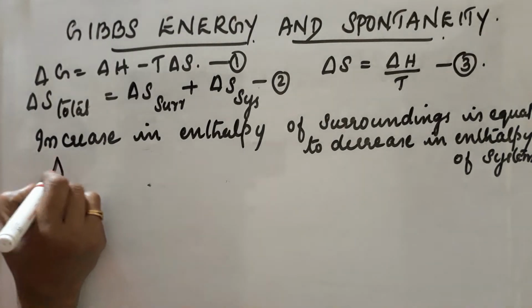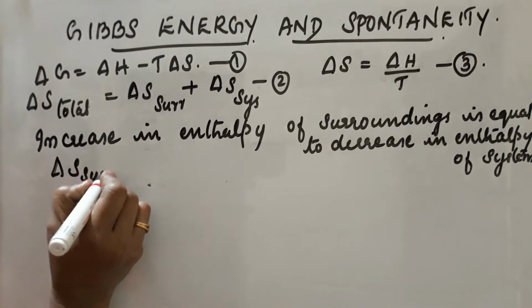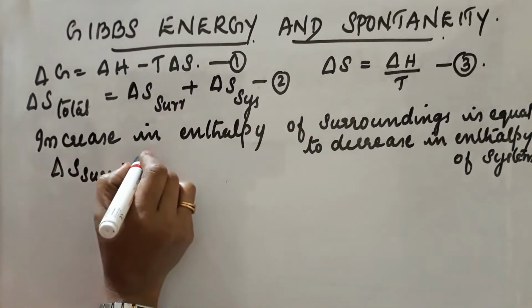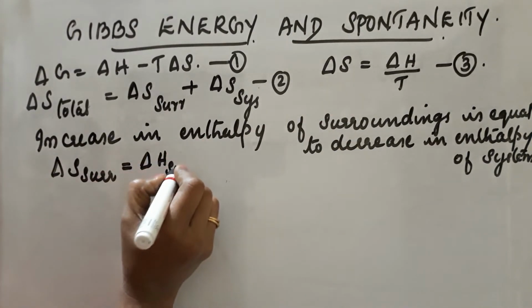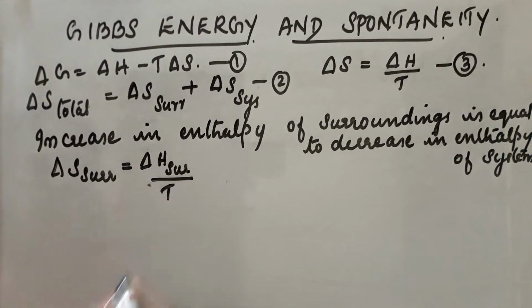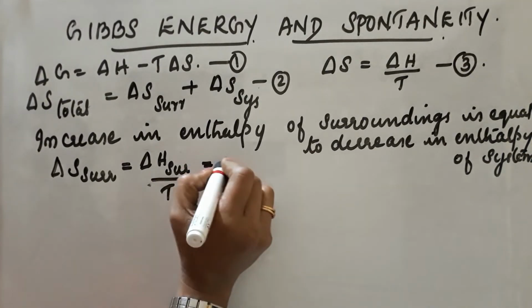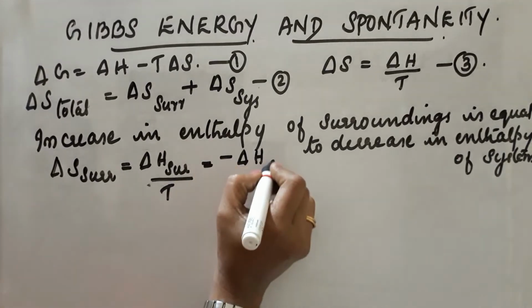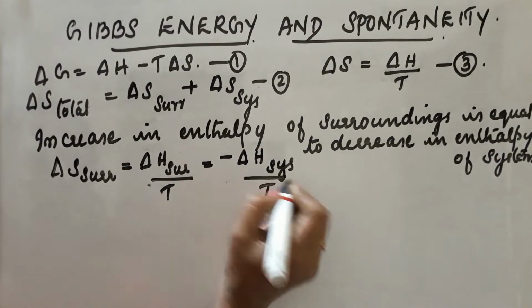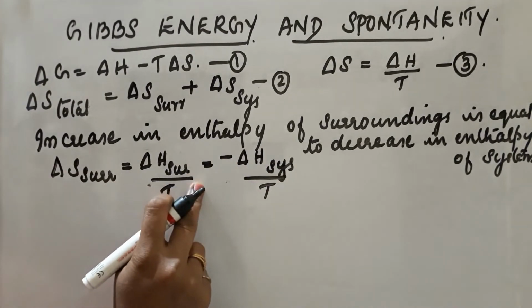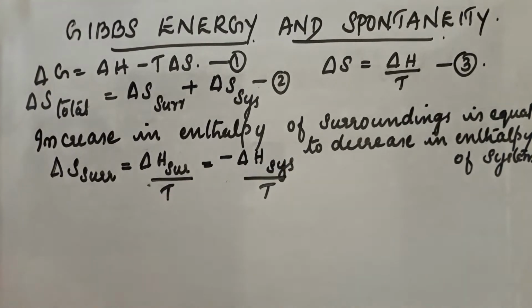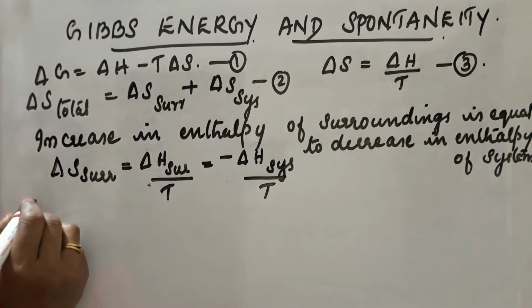So at thermal equilibrium, delta S of surroundings is equal to delta H of surroundings by T. T remains the same in surroundings and system, so this will be equal to minus delta H of system by T, because increase in enthalpy of surroundings is equal to decrease in enthalpy of system. Now, we can substitute in equation 2.